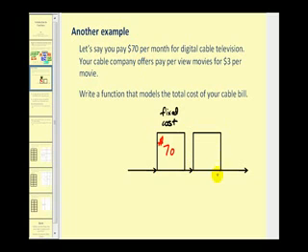And then the second box represents the variable cost, or the cost that varies based upon the number of movies that you watch. And the variable cost would be the number of movies that you watch times $3. So for this situation, the input would be the number of movies that you watch that month, and the output would be the total cost for that month.